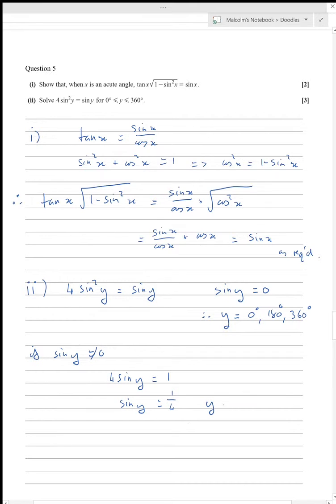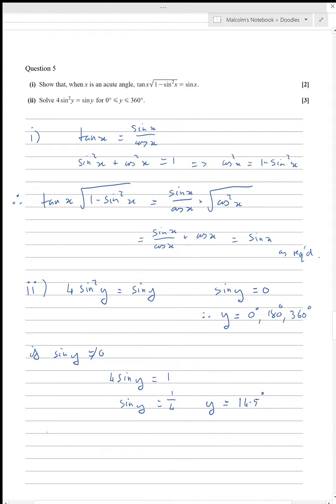That gives me solutions that I'm going to ask a calculator for, and make sure my calculator is in degrees, because the range in the question is in degrees. So 0.25, and the calculator answer here is 14.5 degrees.